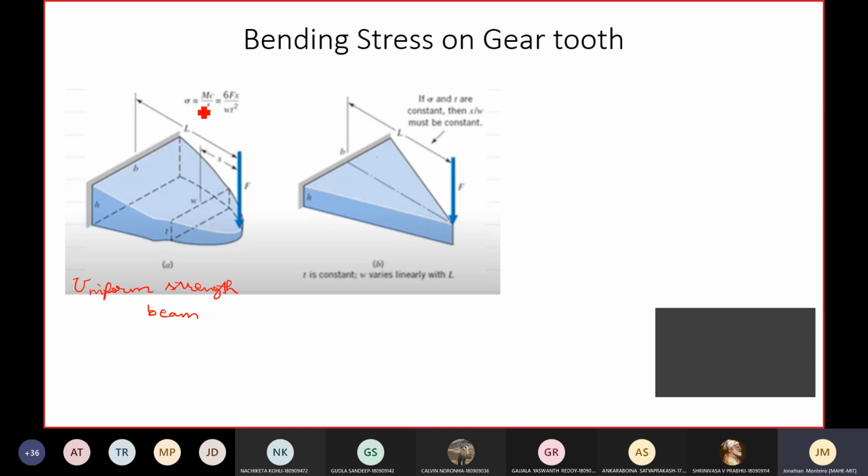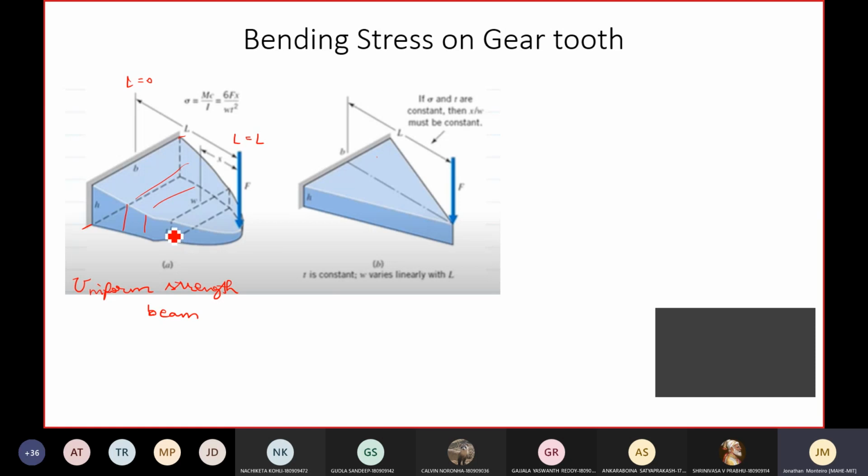So for example, take sigma at the root, at location L equal to 0, and L equal to L at the other end. These are your limits. Take this cross section, or this cross section, and anywhere you take, sigma should come almost the same.